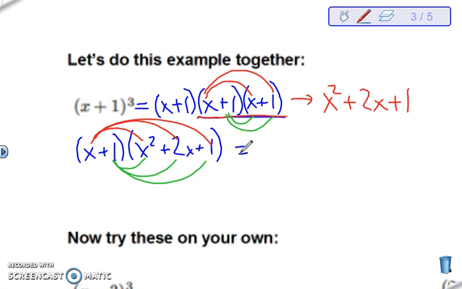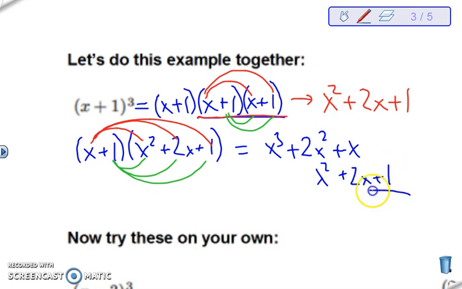So if I distribute the x, I should get x cubed plus 2x squared plus x. Distributing a 1, right, that's just going to give us the same thing we just had. So an x squared plus a 2x plus 1. And then I'm going to add down.